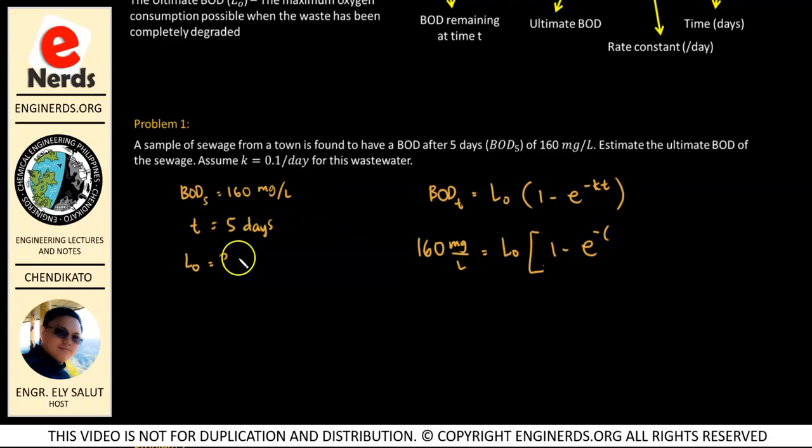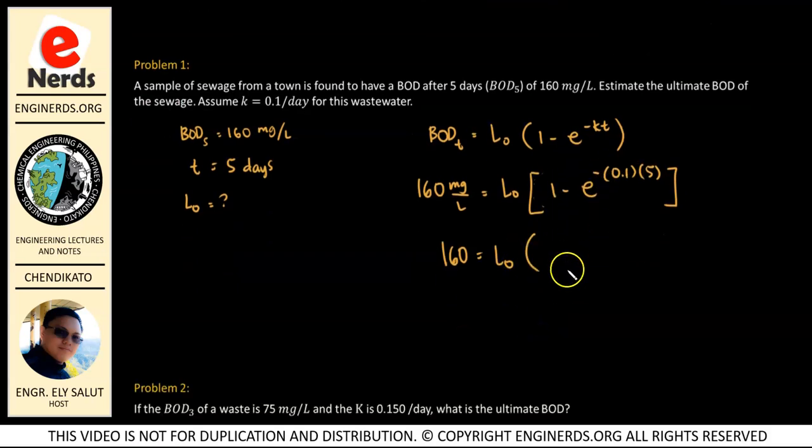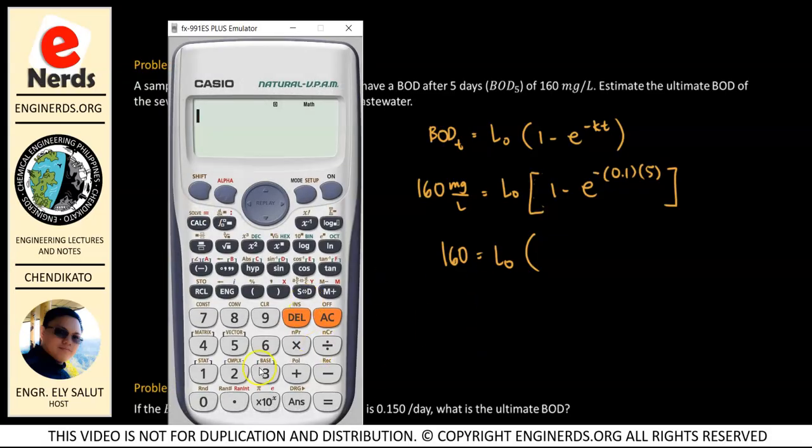Our k is 0.1 per day, and times our time, which is equal to 5 days. Okay, so kailangan nating masolve itong ating LO. So we have 160 is equal to LO times, let us solve for this value, no, itong nasa loob ng ating bracket. Okay, so let's use our calculator.